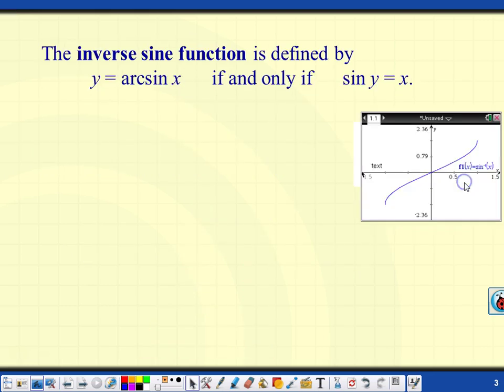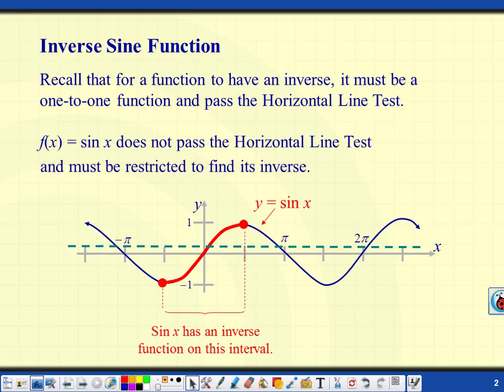Okay. So this is the inverse trig function. If you graph it, here's a screenshot from your Inspire calculator. Actually, let me go back one slide. So if you look, we limited the domain to be between negative pi over 2 and pi over 2. What's the range? Negative 1 to 1.